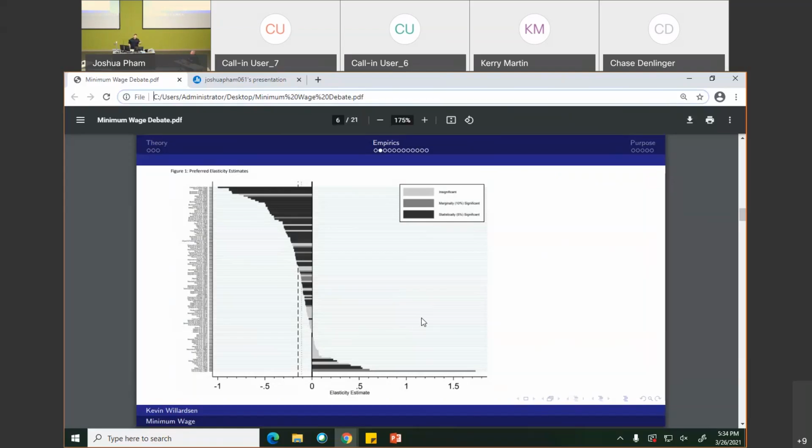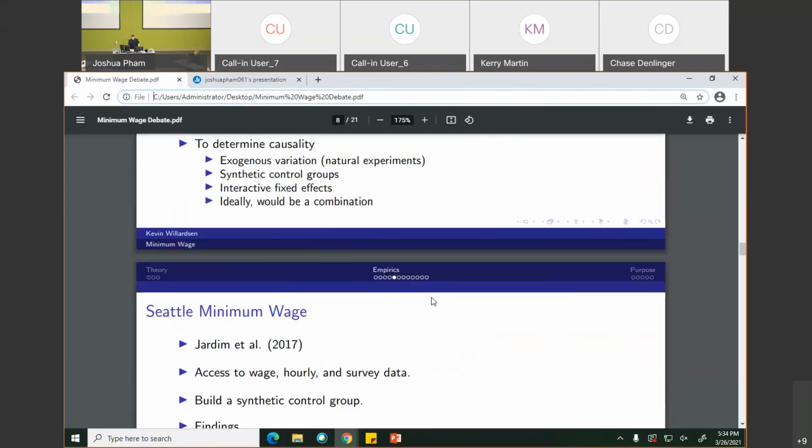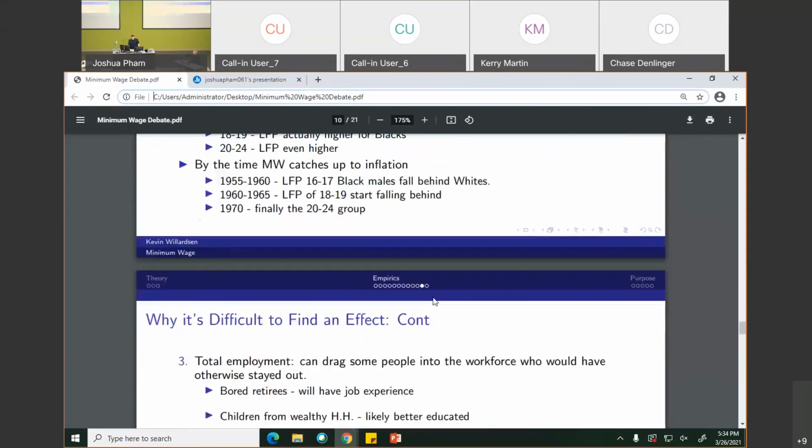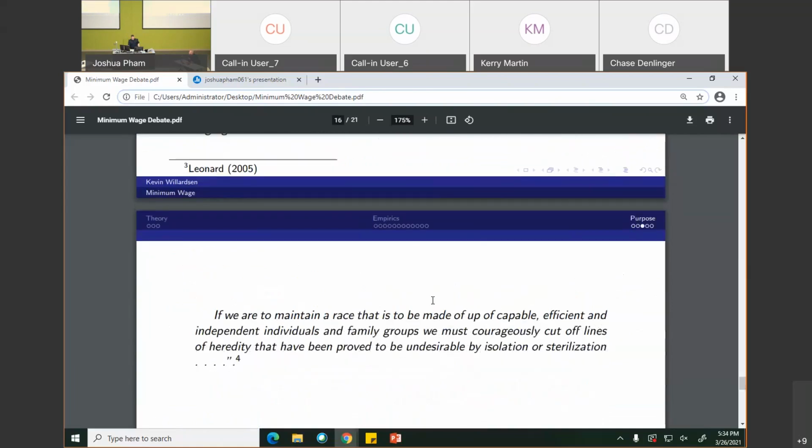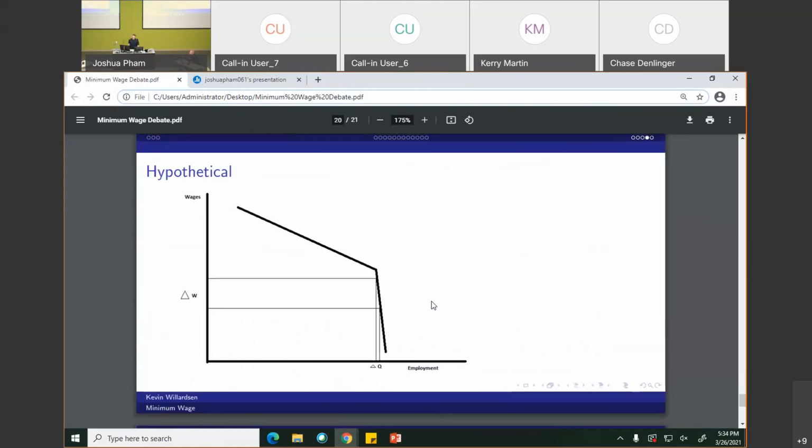I would also argue that if you don't want to use the empirics, then let's simply rely on logic. The idea that there's an employment effect from an increase in the minimum wage simply comes from diminishing marginal utility, or diminishing marginal benefit. The demand curve must be downward sloping, right? It has to be because of diminishing marginal benefit. To say that there is no employment effect or no quantity effect from an increase in the minimum wage, what does that curve look like?